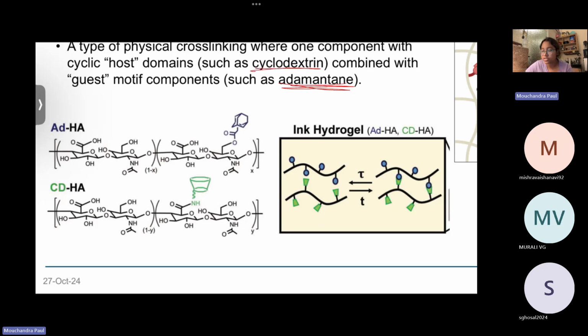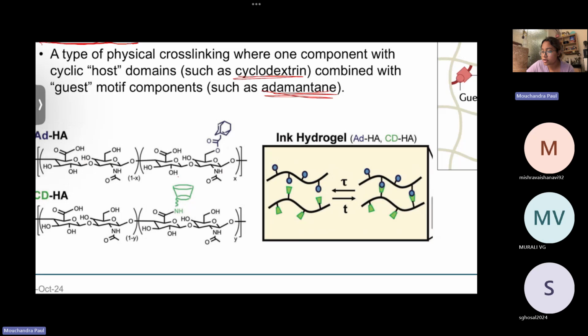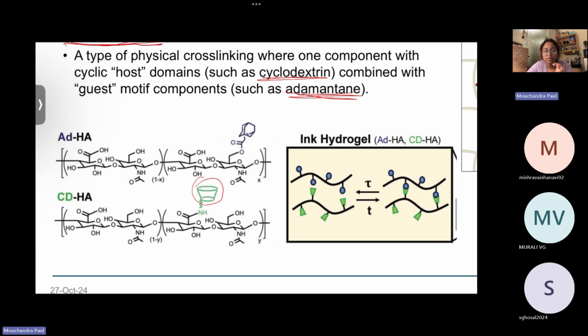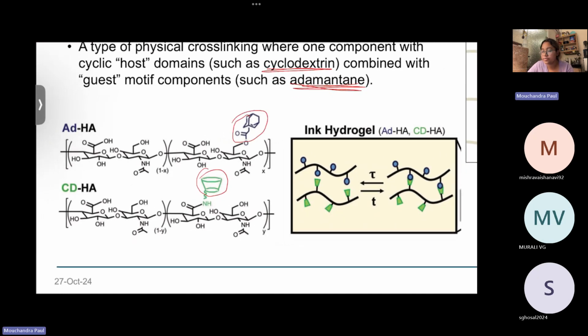So cyclodextrin, you can see, has a structure like a cup, like a funnel that is open on both ends. That is a very simple representation of the structure of cyclodextrin. Whereas adamantane has a structure like a ball. So this is adamantane here.